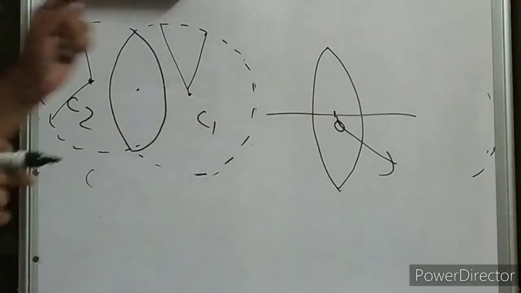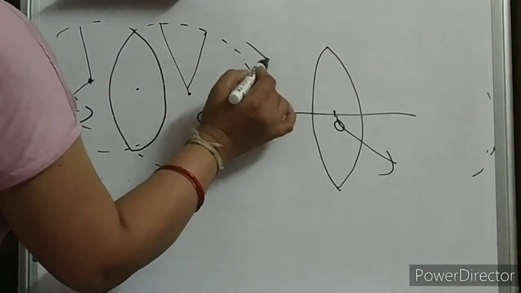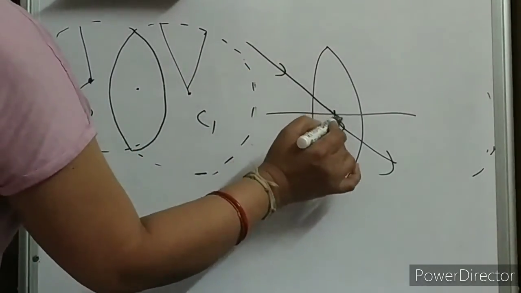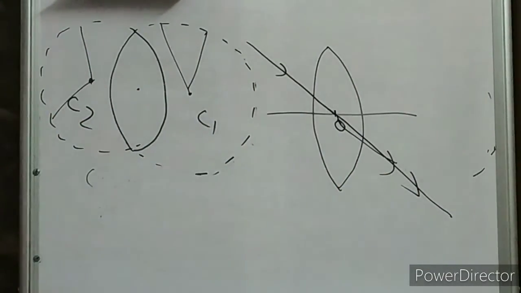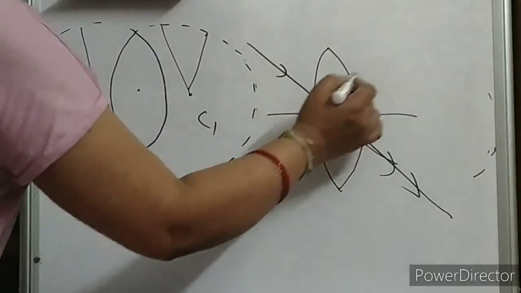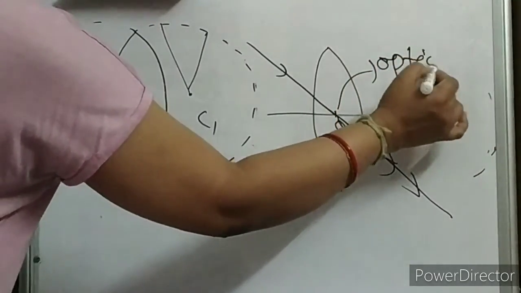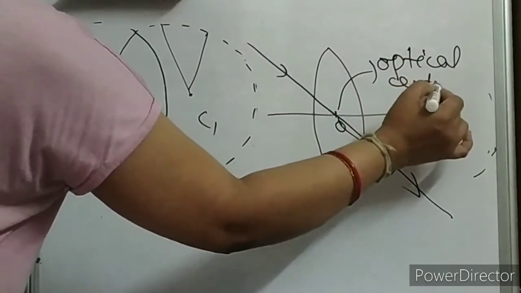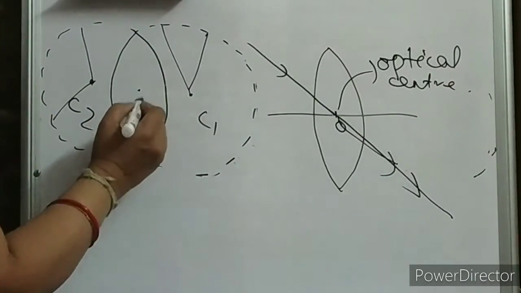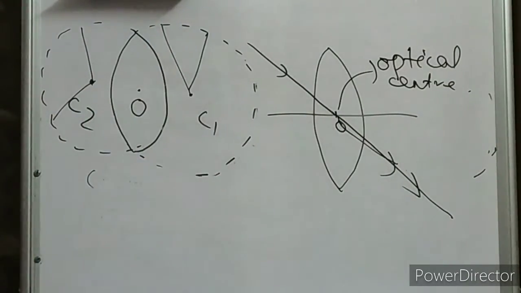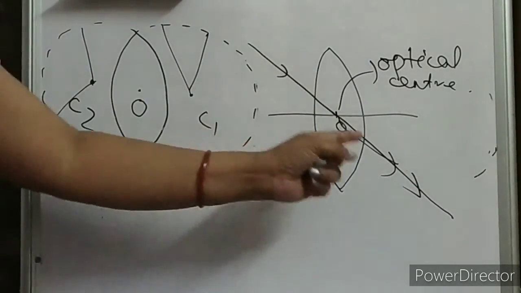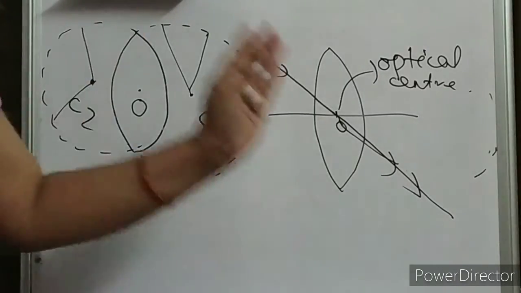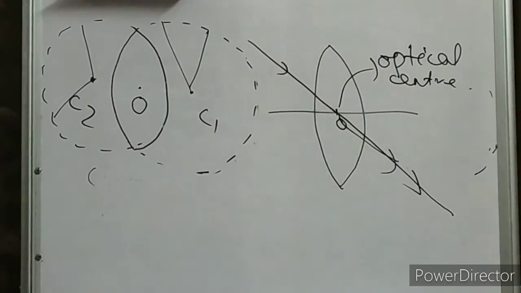What is this optical center? If a light ray passes through this point, it will be undeviated. It will go straight. There will be no deviation of light after the refraction. This is known as the optical center. Clear? Through the optical center, if a light ray passes, it will pass undeviated after refraction.